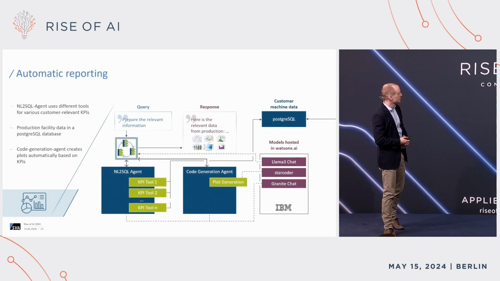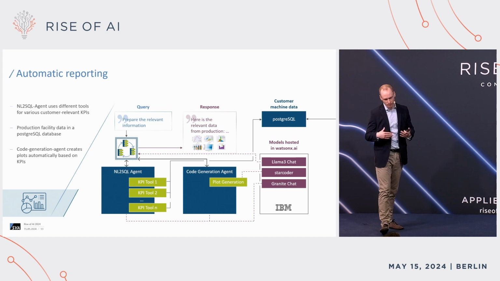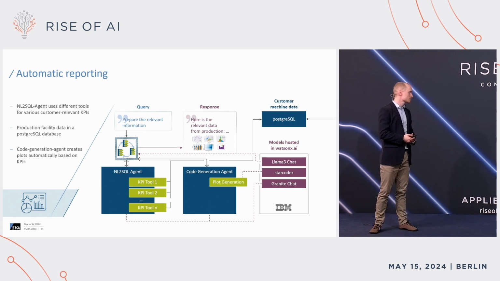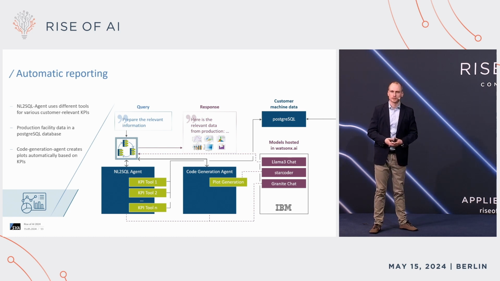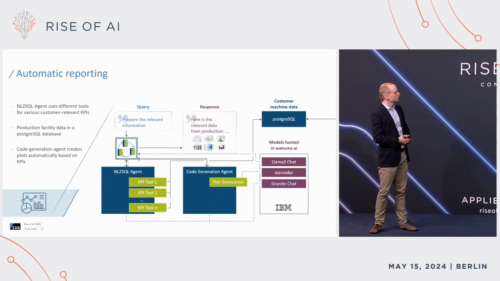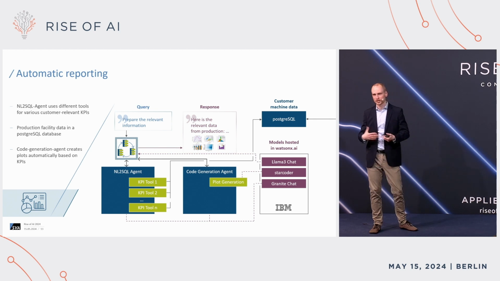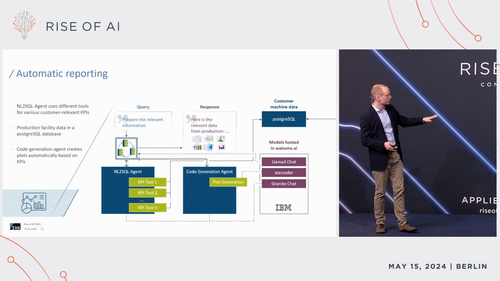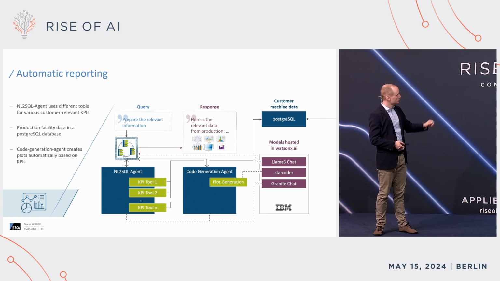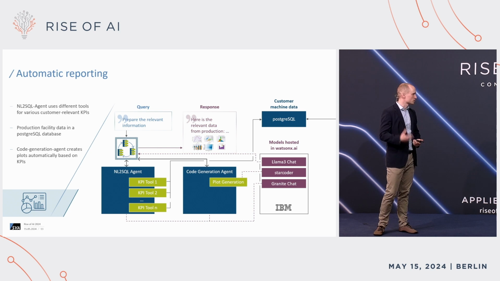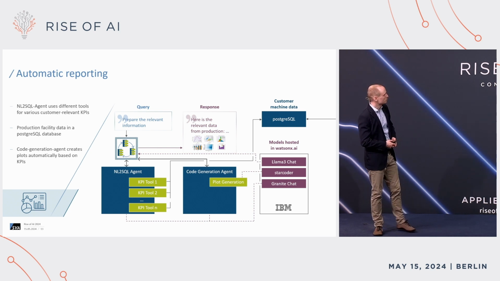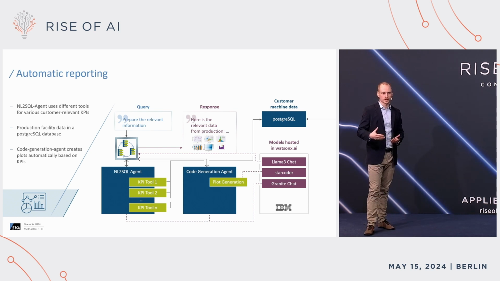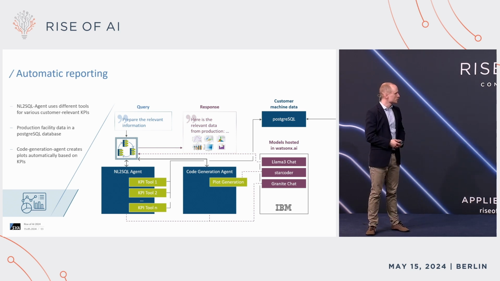So then the step afterwards, after retrieving where you are in the process step or in the process chain, is to generate dashboards, graphs, showing the KPIs you want to know. So this is basically the same for a different use case now. Prepare the relevant information is the query, which means based on the results we already had, finding the right processes, we now employ different agents.